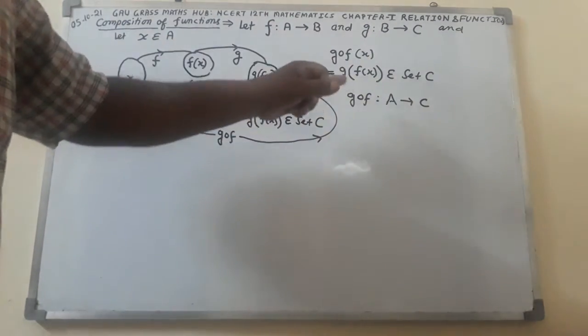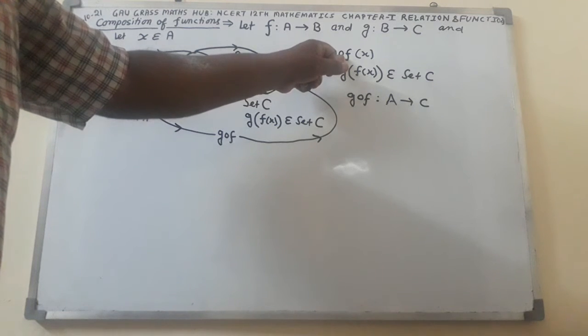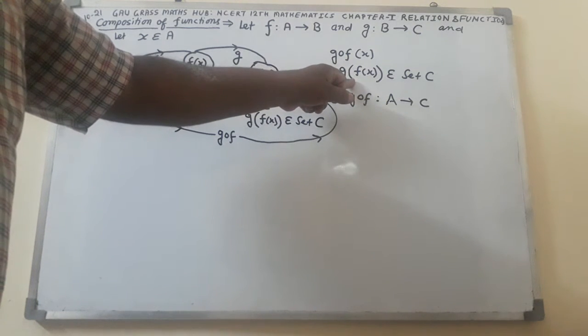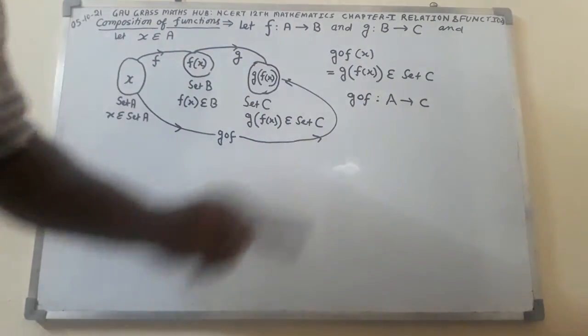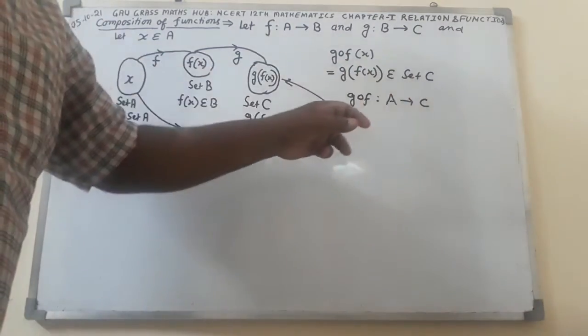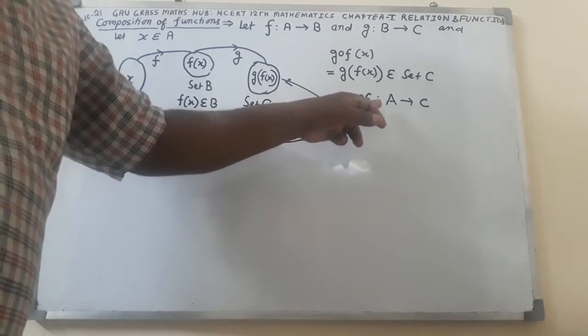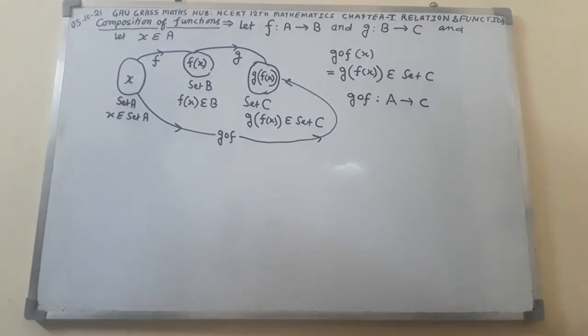Here write x, in place of o write an opening bracket, f of x will be written, belonging to set C. gof is from A to C. This one I have represented.